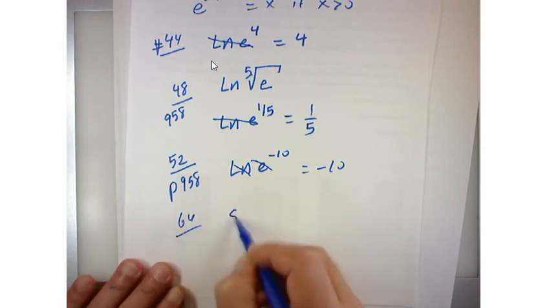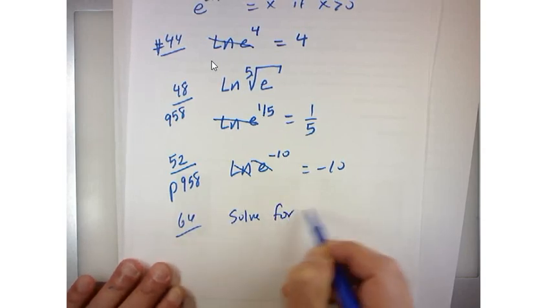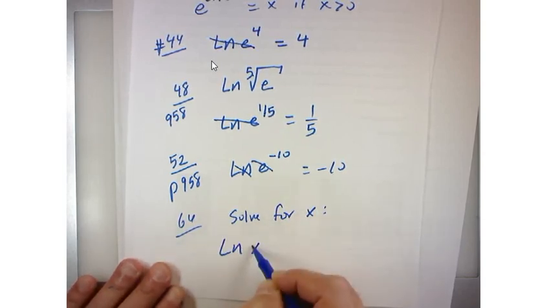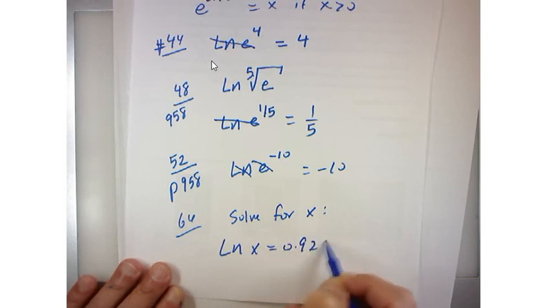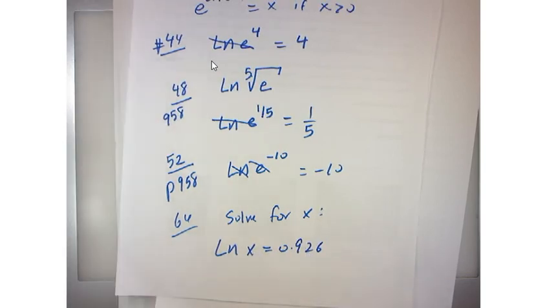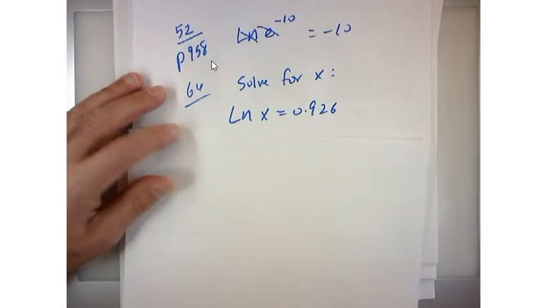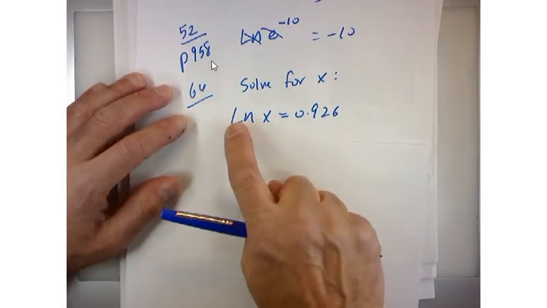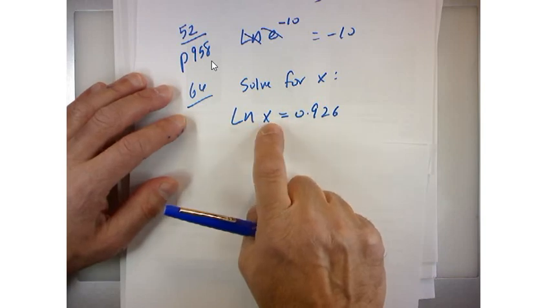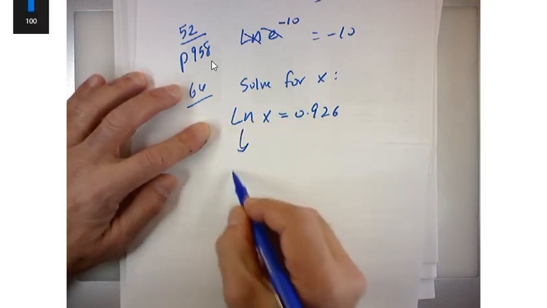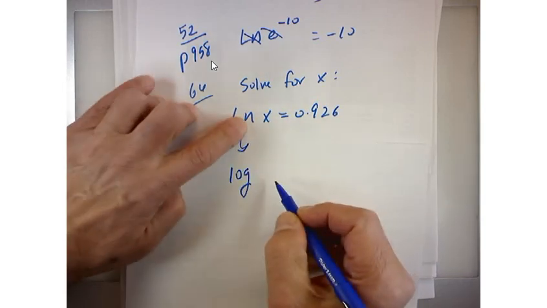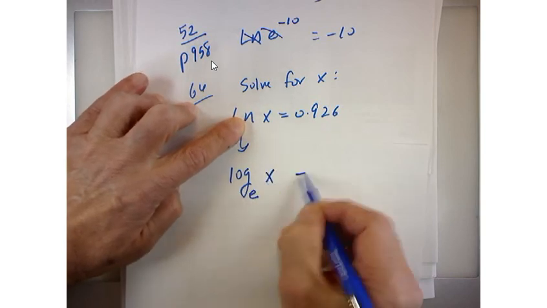Now, they want us to solve for x. ln of x is 0.926. Since we cannot put that into the calculator because we don't know what x is, we're going to change it into exponential. To do so, we write this as log base e of x.